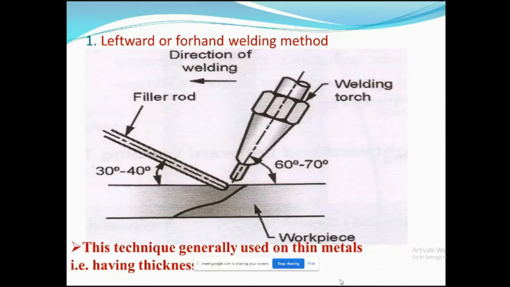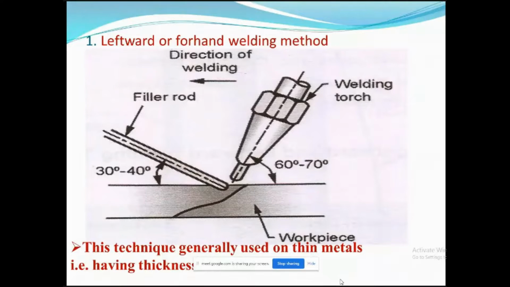At the bottom is your workpiece where we have to do some welding. The axis of the welding torch makes an angle with the workpiece of 60 to 70 degrees, and the filler material's axis has an included angle of 30 to 40 degrees.